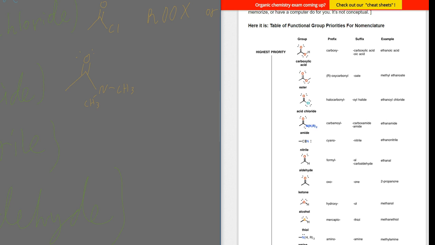Let's just put R's there to represent some sort of alkyl group. This R there, that's an amide.